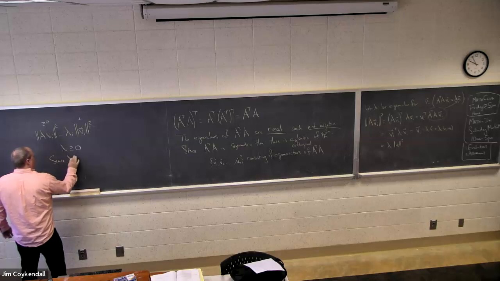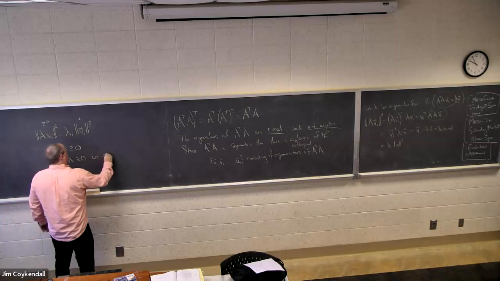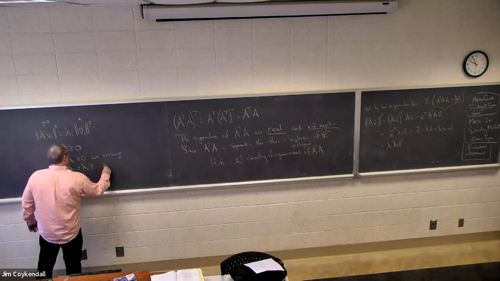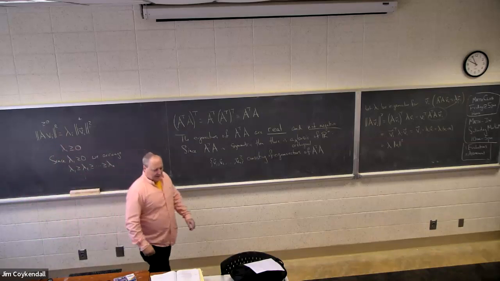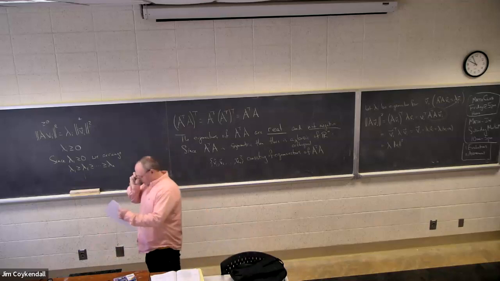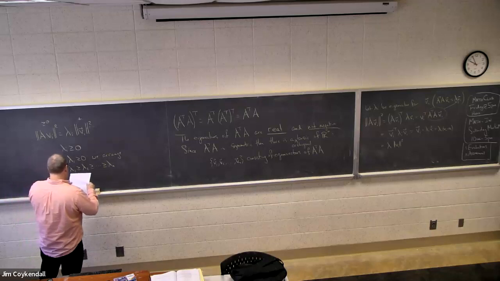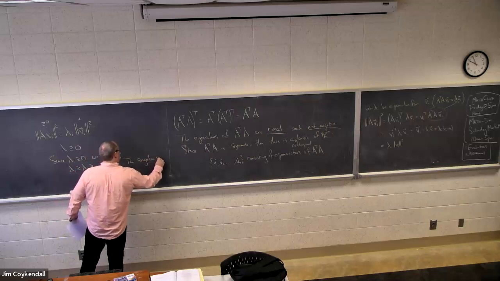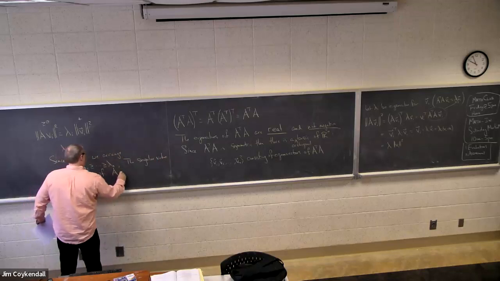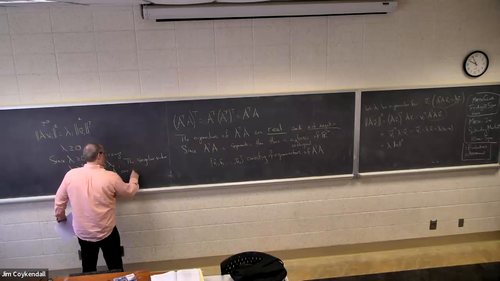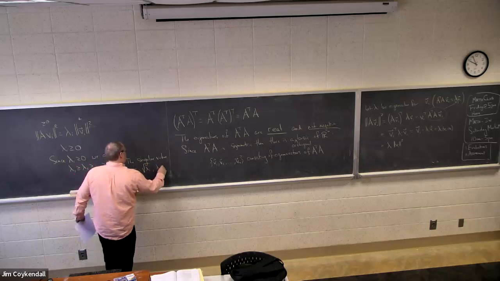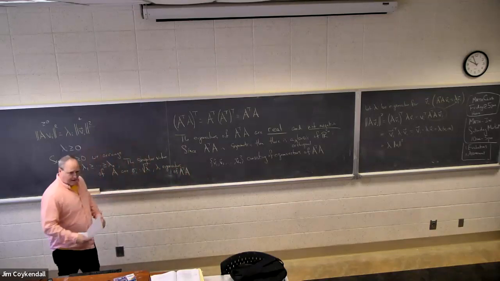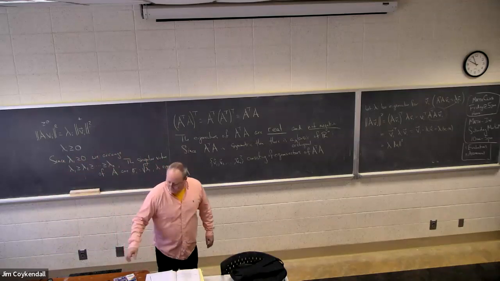Since lambda_i is greater than or equal to zero, we arrange lambda_1 ≥ lambda_2 ≥ and so on. And the singular values, so I'll leave you with the definition of what this is: they are sigma_i, which is the square root of lambda_i, the eigenvalues. They're sort of de facto eigenvalues for what we're going to look at next time.